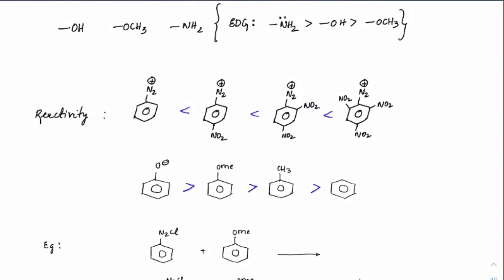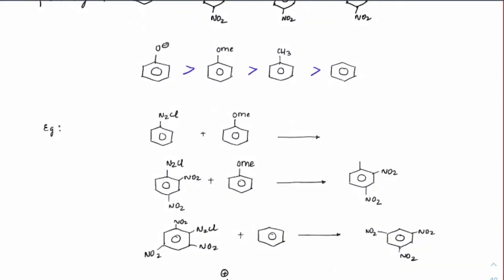If we only react a simple diazonium salt with anisole, the reaction won't take place. But if I have a 2,4-dinitro diazonium salt, then the reaction will happen because now its electrophilicity has increased.